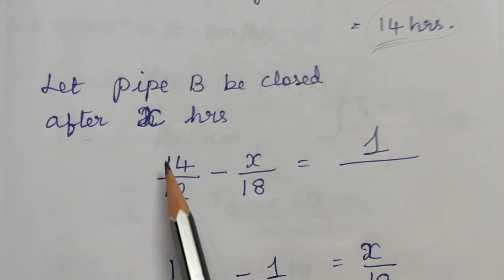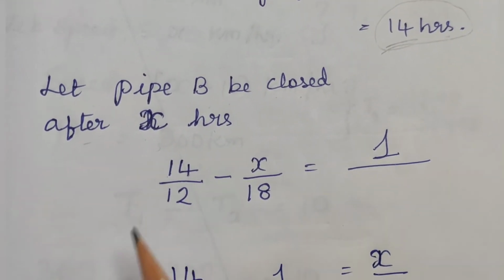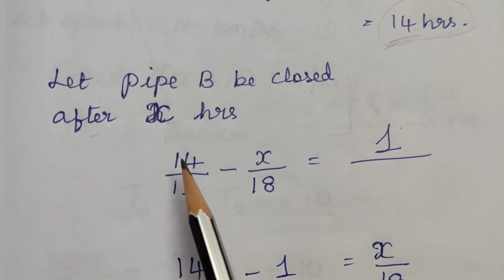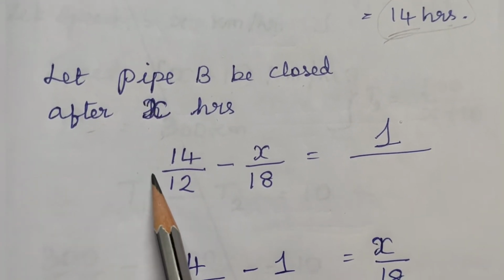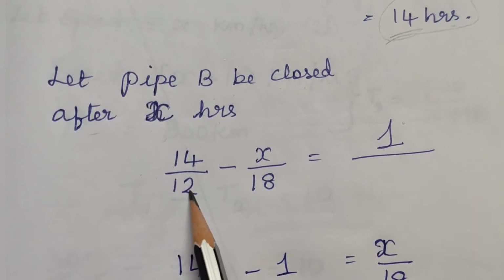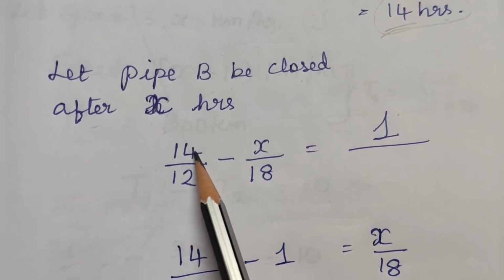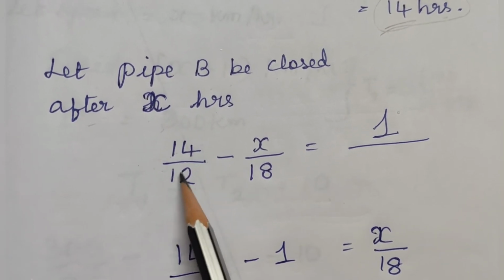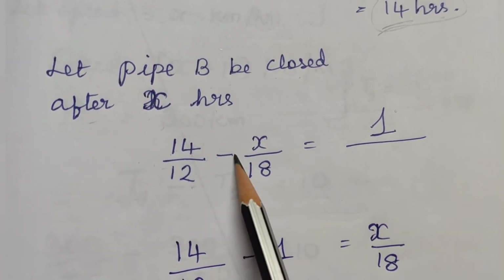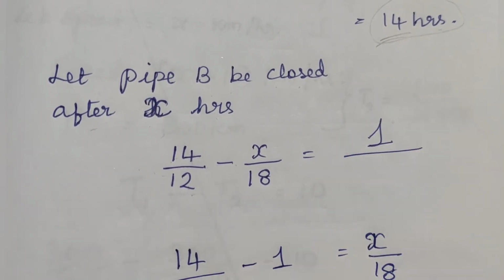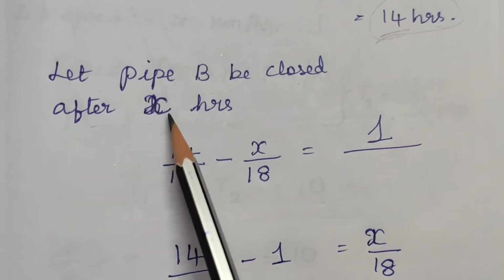So in 14 hours, more than one part of the tank can be filled by pipe A. In 1 hour, pipe A can fill 1 by 12 part of the tank. So in 14 hours, pipe A can fill 14 by 12 part of the tank, minus what happens when pipe B is opened for X hours?